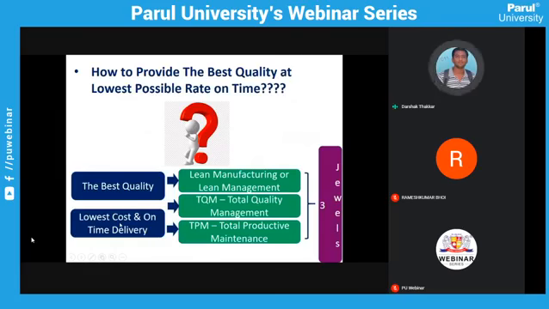For the best quality, there are three jewels of manufacturing. First, lean manufacturing or lean management. Second is TQM, total quality management. And third is TPM, total productive maintenance.